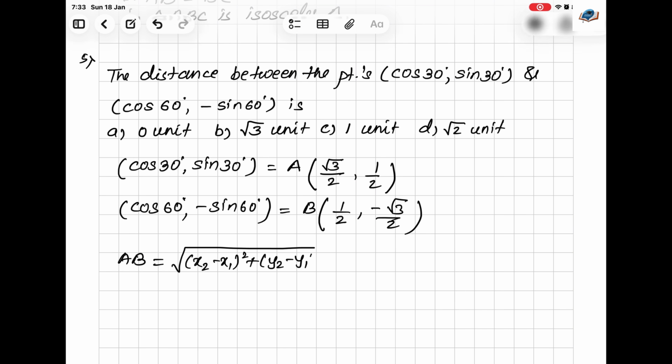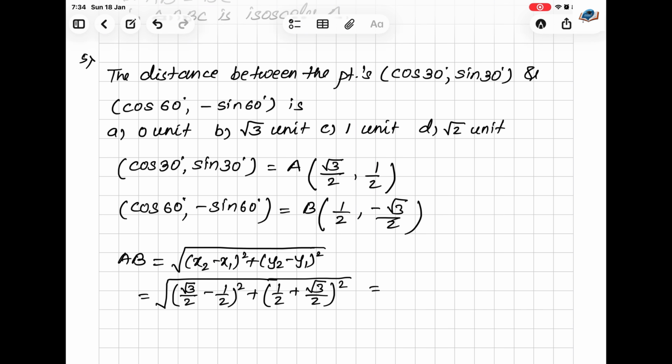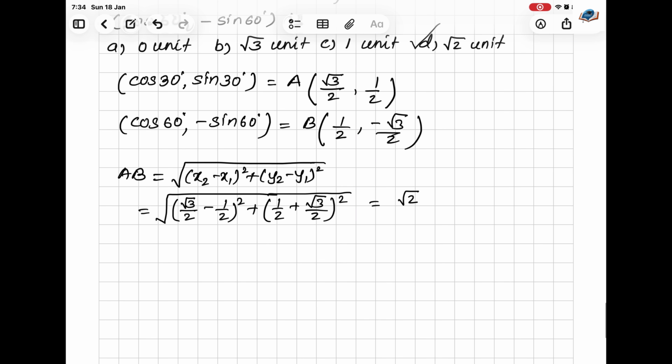Whether you subtract x1 from x2 or x2 from x1, the answer will be same, because whole square means the sign will be same always. So root of (root 3 upon 2 minus 1 by 2) whole square plus (1 by 2 plus root 3 by 2) whole square. So that is coming as root 2. So therefore I can say my D option is the correct answer. That is root 2 unit.